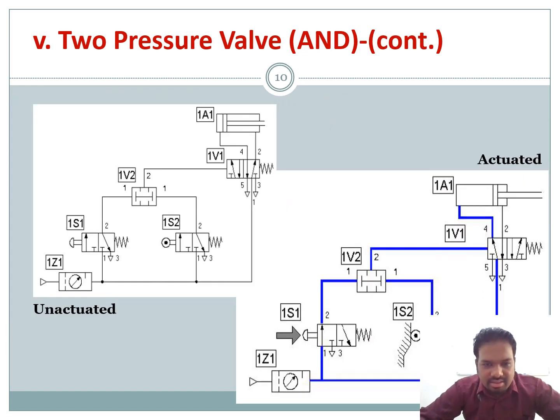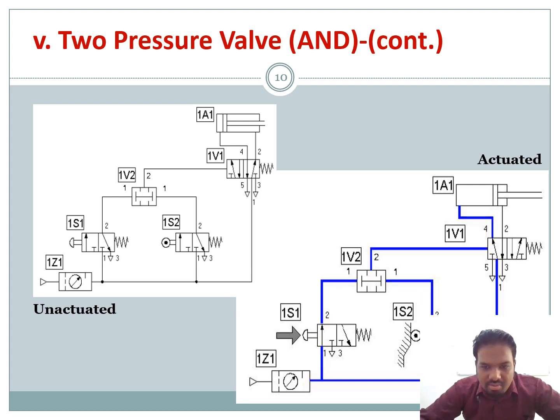Okay, so you can see in the pneumatic circuit, you have an unactuated situation and another. So in the circuit, you have a roller valve here, 1S2, which is by default actuated.